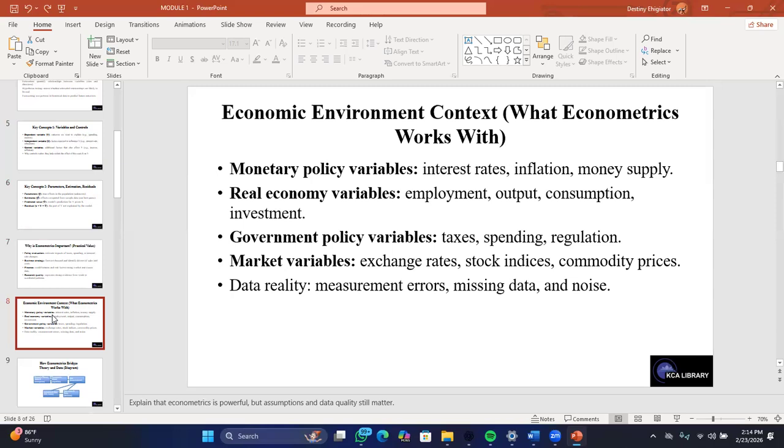Real economic variables include employment, output, consumption, and investment. Government policy variables include taxes, spending, and regulations. For market variables, we have exchange rates, stock indices, and commodity prices. Then data reliability: this covers measurement errors, missing data, or noise.